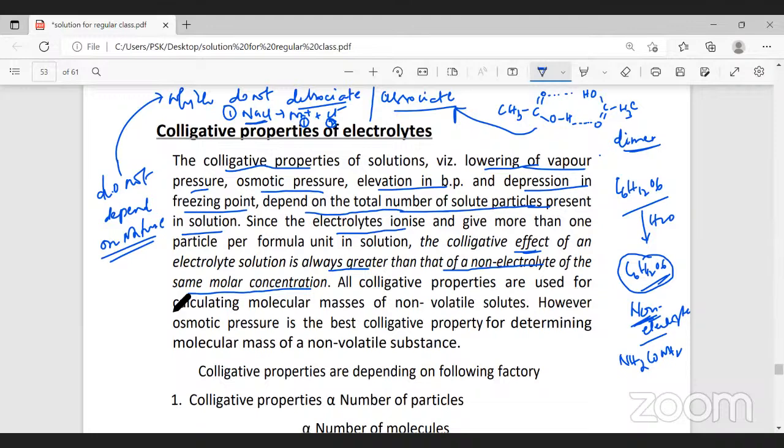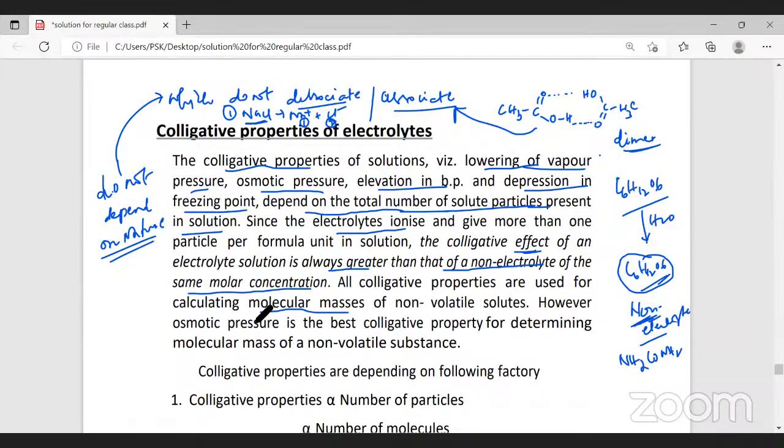All colligative properties are used to calculate molecular mass. If you remember the colligative properties we learned in the previous classes, all of them were used to find the molecular mass of the solute, especially for non-volatile solutes. You know what volatile is, which vaporizes. Glucose is a non-volatile solute.